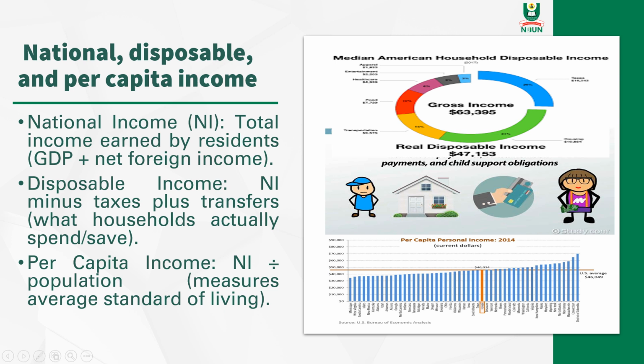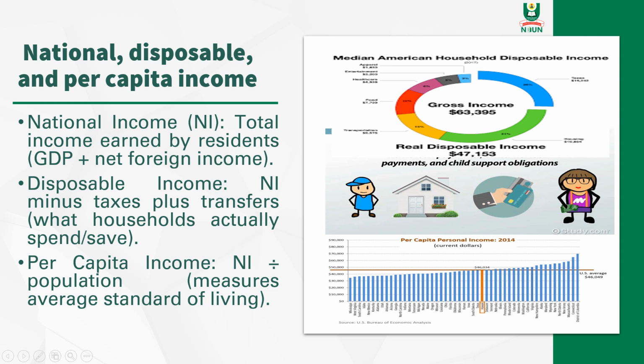That is the average for the US. If you look at this thing very critically, Nigeria is not there. So I want you to go and look for the per capita income of Nigeria, the real disposable income in Nigeria, and the household disposable income of Nigeria, and compare with some other countries that are listed here, not just the US. This is a classwork.